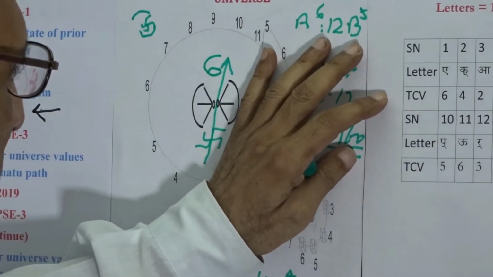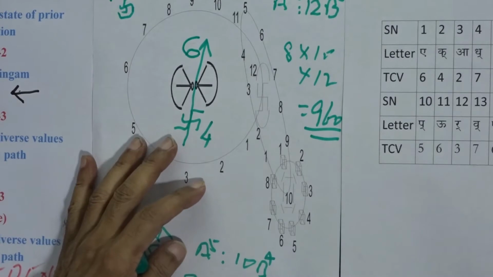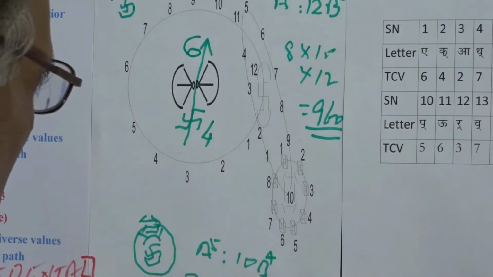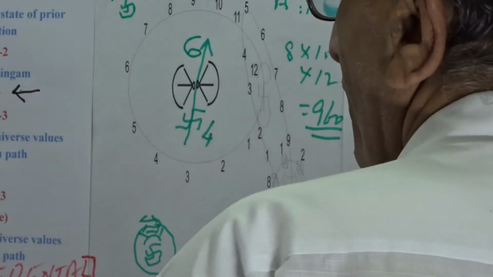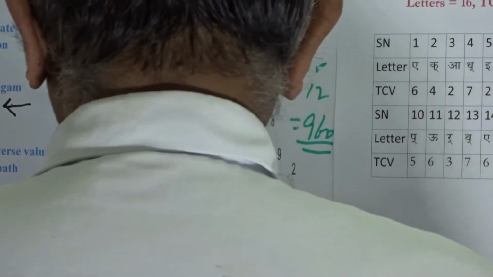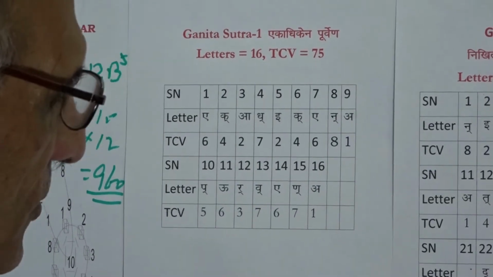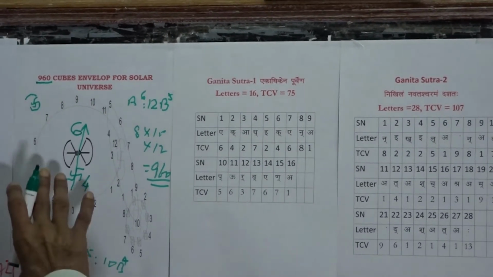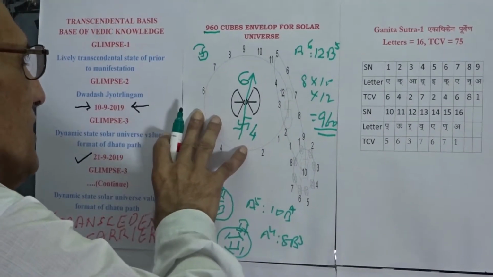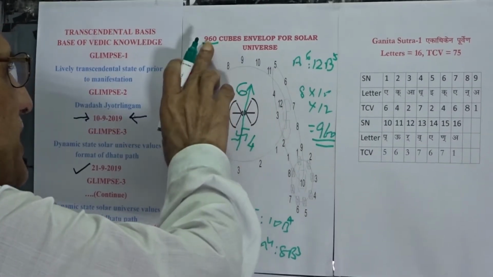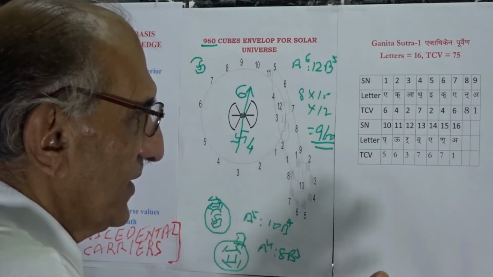It is this dynamic state of the setup of a solar universe which is being worked out, which is being changed, and which is being processed in terms of the dhatu part. Therefore, the sadhakas shall sit comfortably and permit the transcending mind to see how this solar universe in its dynamic state is being covered in terms of the format of 960 cubes envelope of the solar universe. Let us further have a pass.